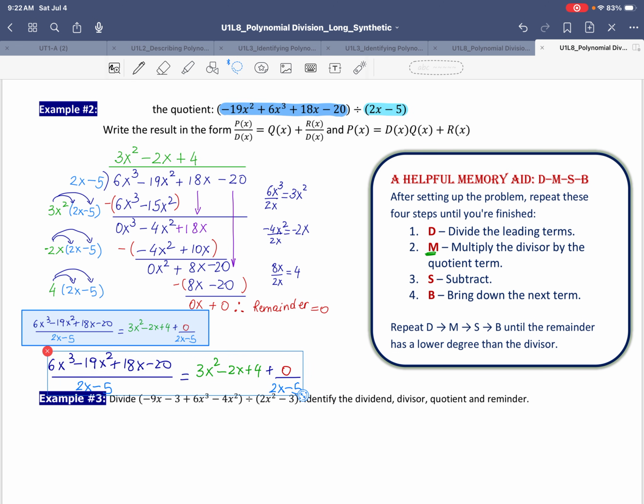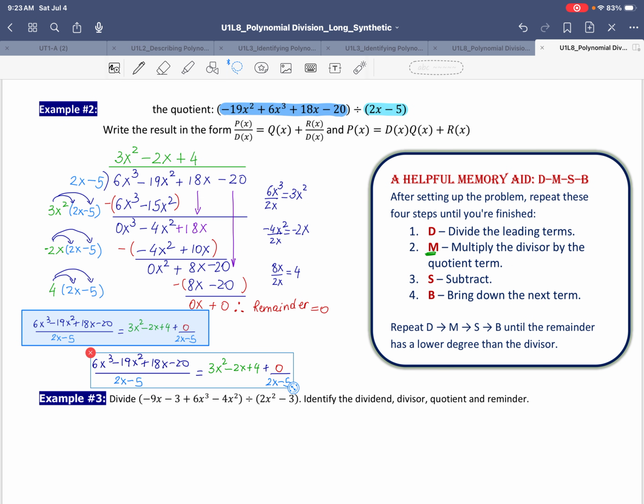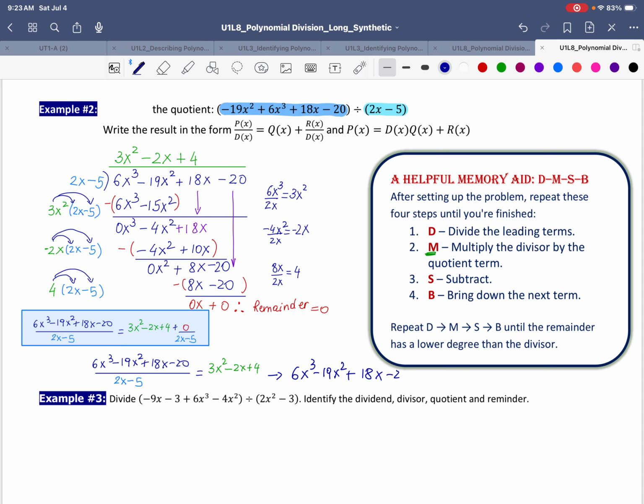Now, as you can see, in this case, we have a remainder of 0. So you have a division, you have an expression here. If you multiply both sides by 2x minus 5, then you will get this. And this will turn into 6x cubed minus 19x squared plus 18x minus 20 equals 2x minus 5 multiplied by 3x squared minus 2x plus 4.